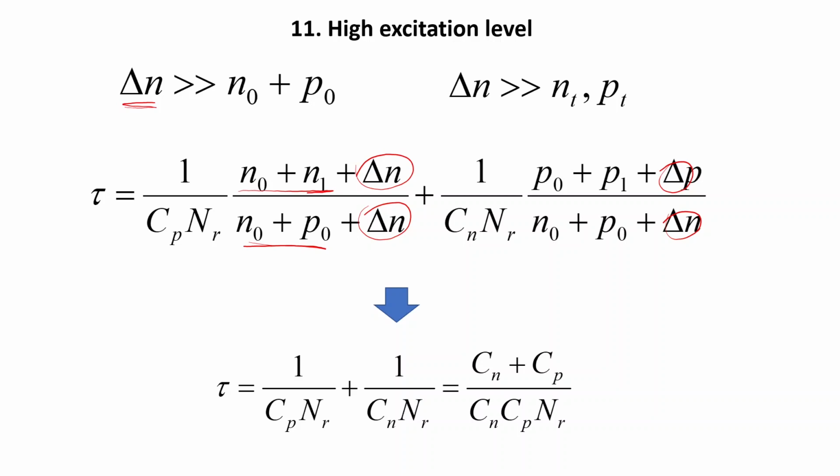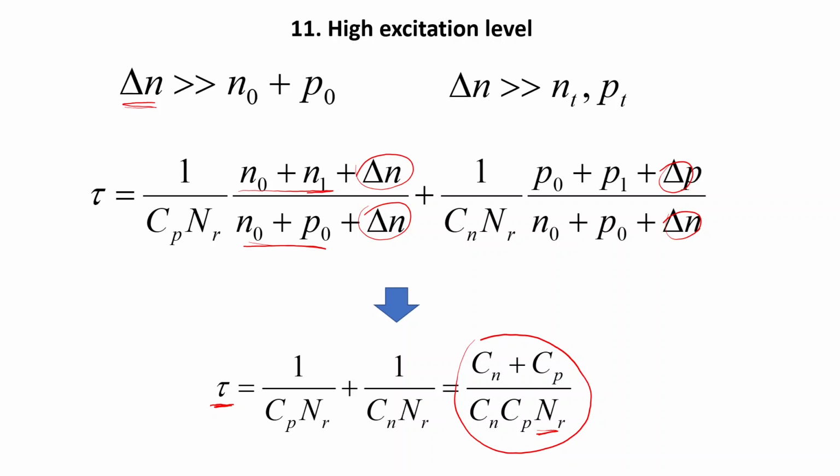So based on this result, we will see that recombination lifetime will be determined by this simple equation, which takes into account only features of the defects, because we have capture coefficients for holes and electrons, and in the denominator the concentration of our recombination centers, meaning the density of defects per cubic centimeter.